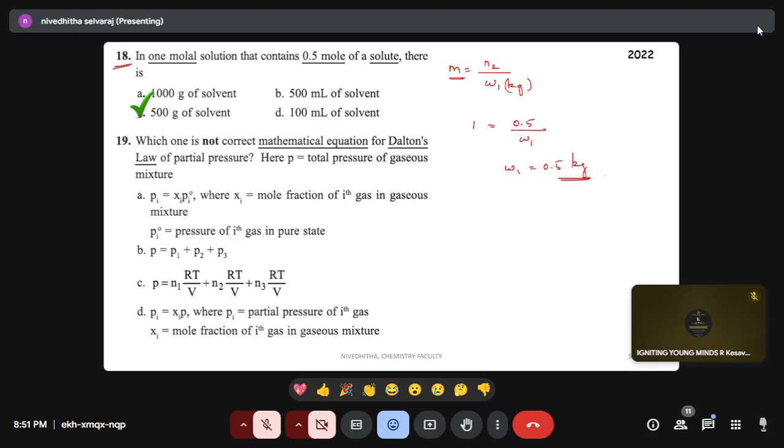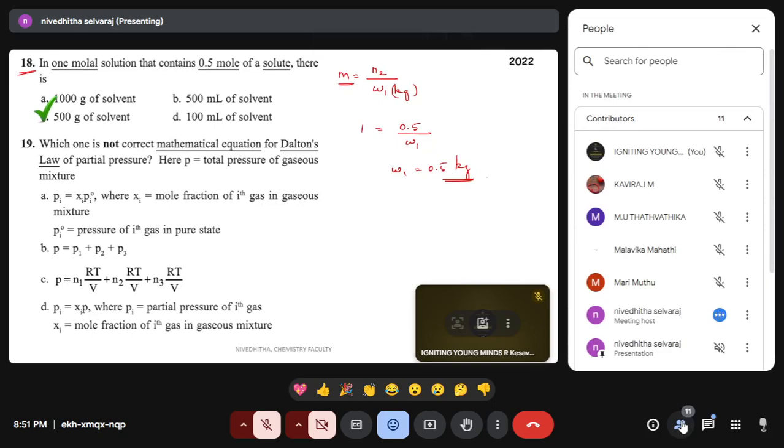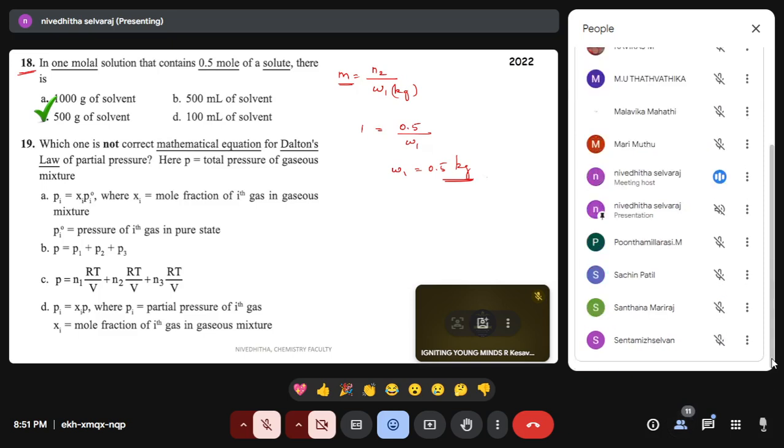In the 19th question, which one is not a correct mathematical equation for Dalton's law of partial pressure? Here, small p is the total pressure of the gaseous mixture.